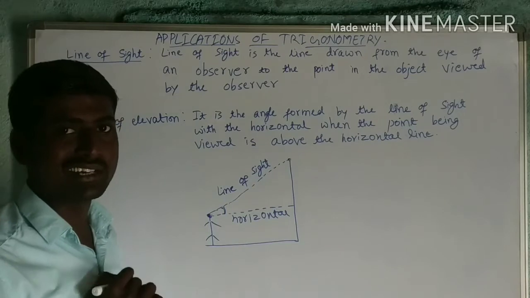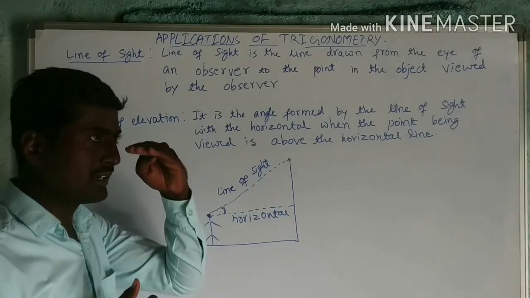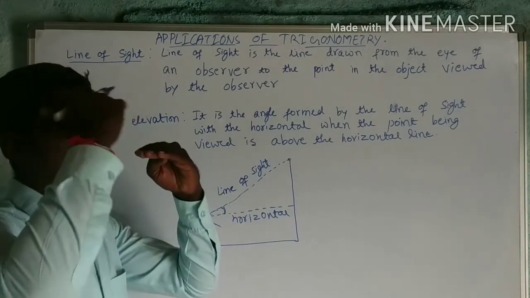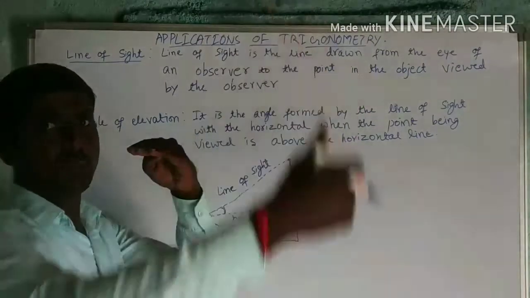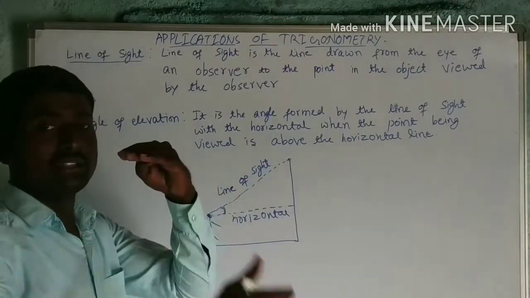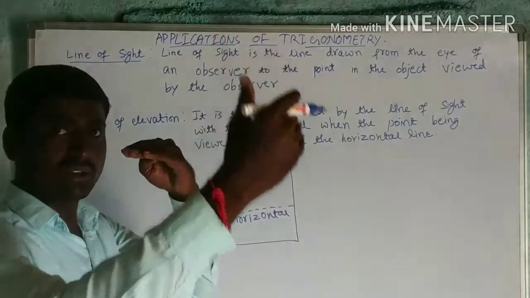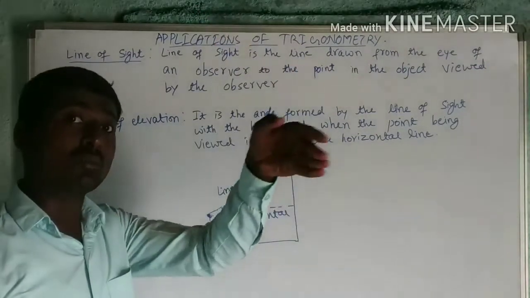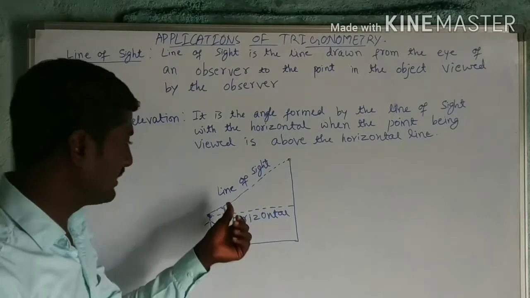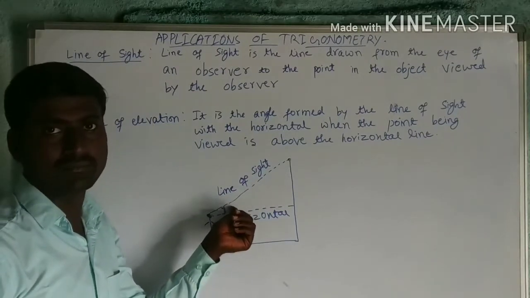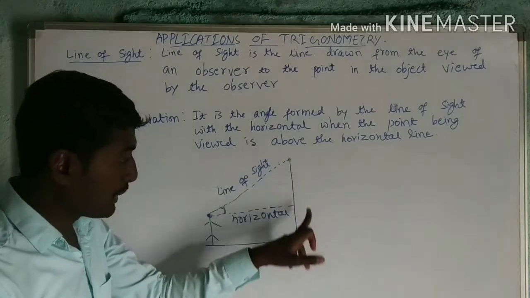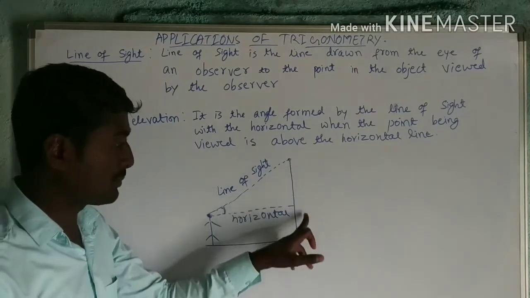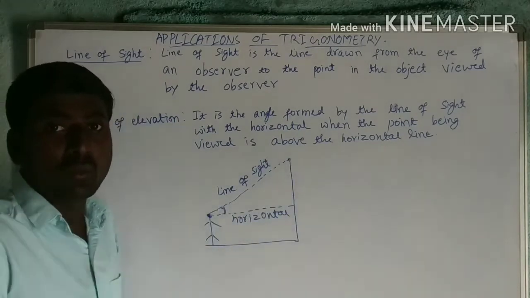Angle of elevation means if you turn upward, there must be an angle of elevation, to see a point whose height is more than the observer's. If suppose this point is below the horizontal line, then what can you say?